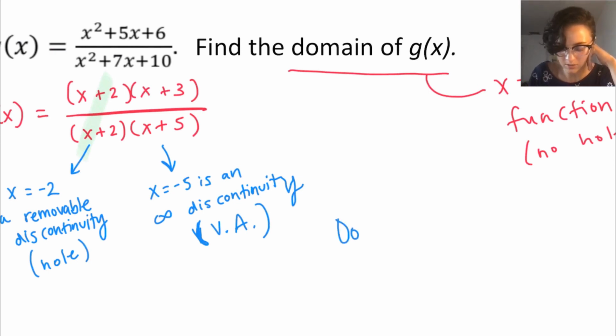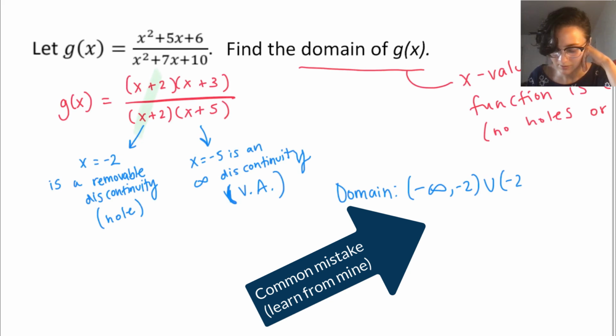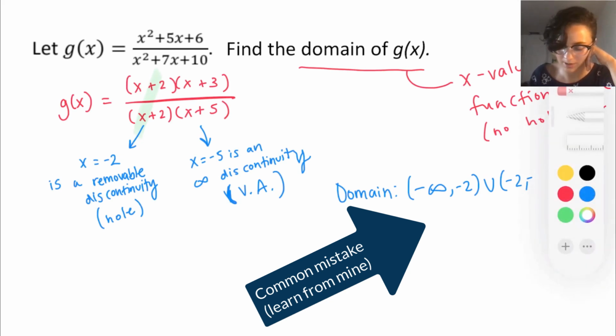So I would say the domain is going to go from -infinity to -2, where there's a hole. And then it goes from -2 to oh no, whoops, I'm not going in the right order. I need to do the smallest one first. So since -5 is smaller than -2, I need to say that first.